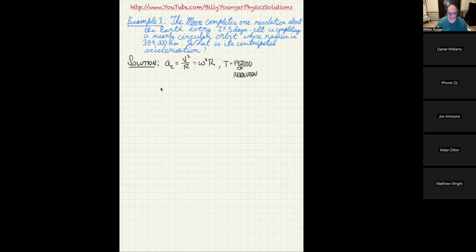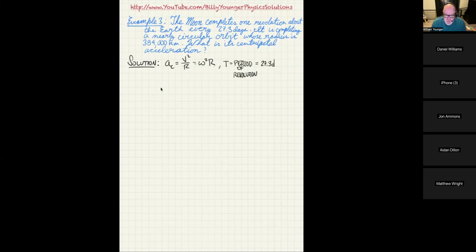Revolution is something you do around another body. Rotation is something you do around an axis through your body, usually. So T is equal to 27.3 days, which, if we're using the proper units, we can't use days.